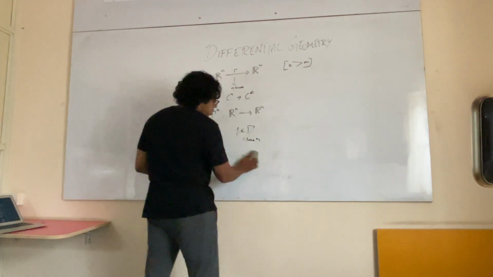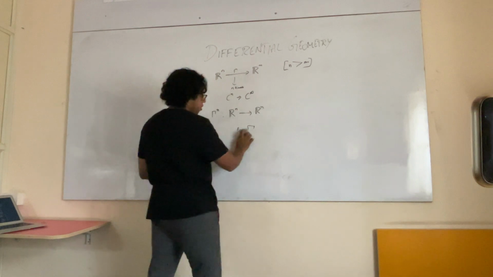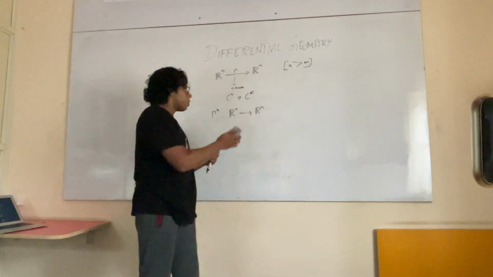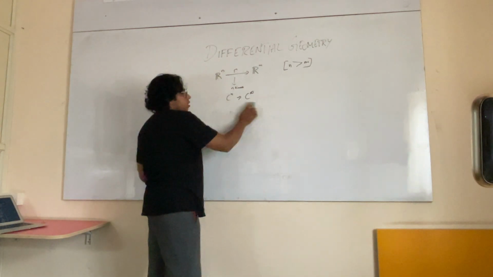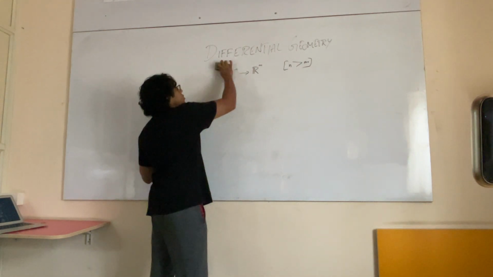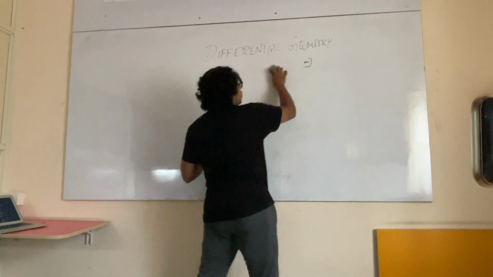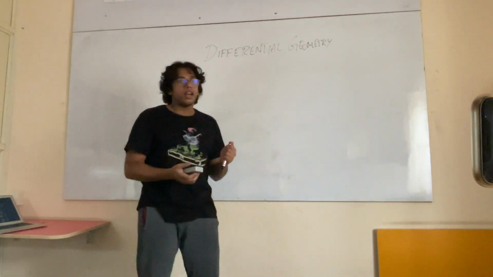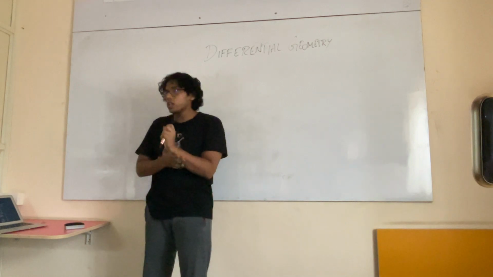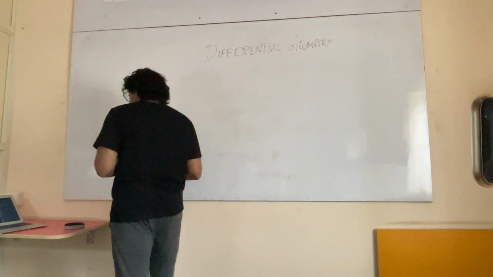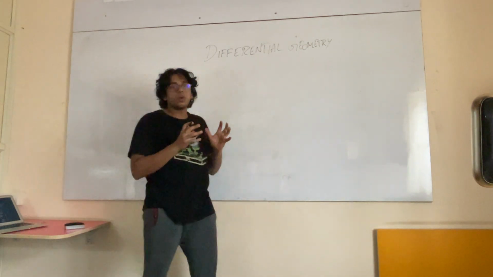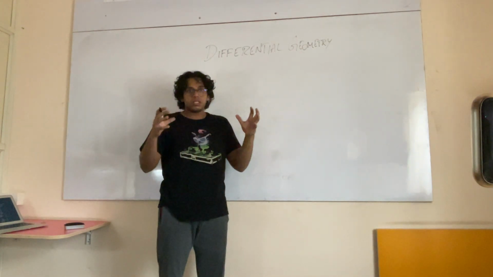But the real advantage when it comes to differential geometry is the idea of a Jacobian. Right? The Jacobian is the most visceral tool that can keep track of any sort of change that is happening. So how do we define the Jacobian? If you have a function, it can be decomposed into n bases.